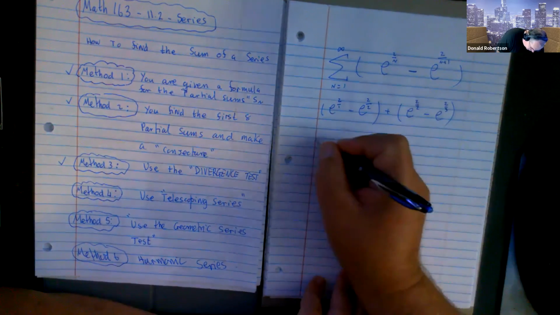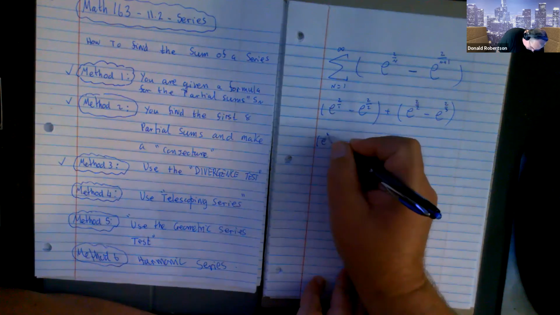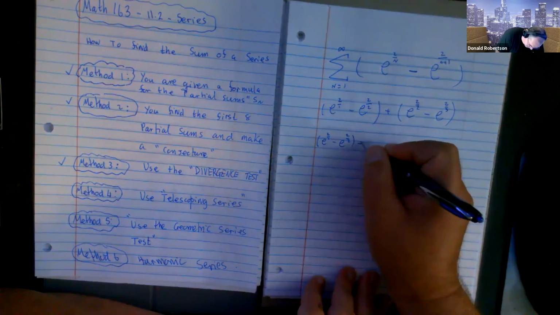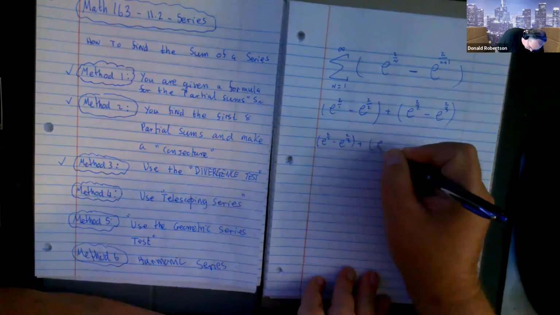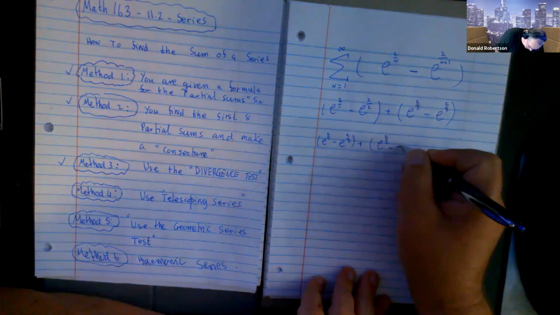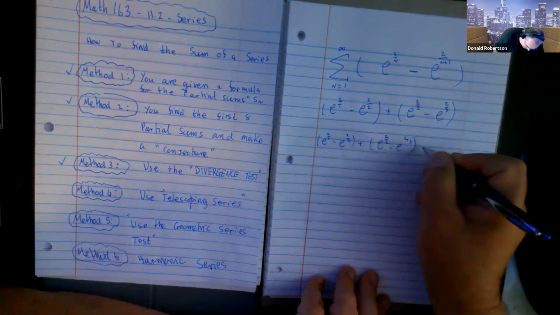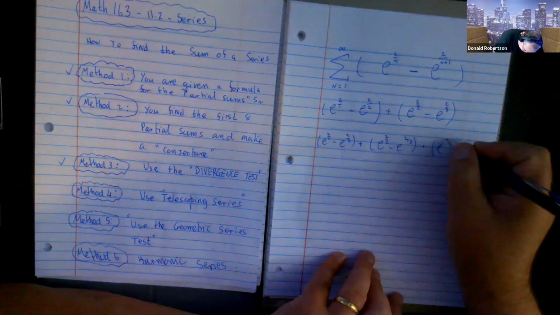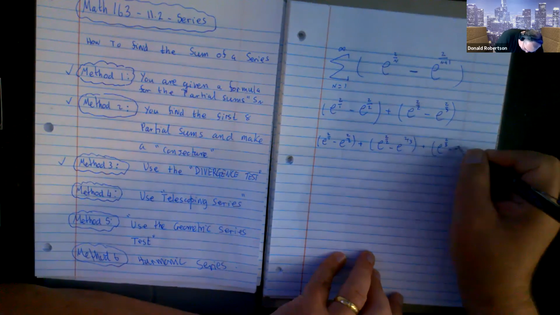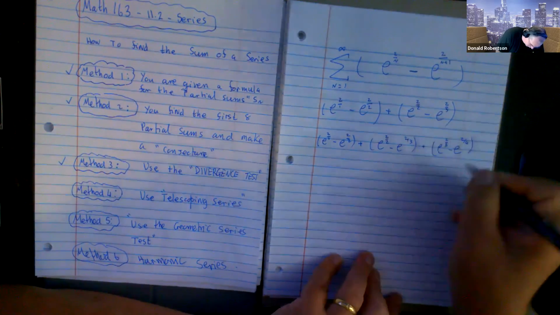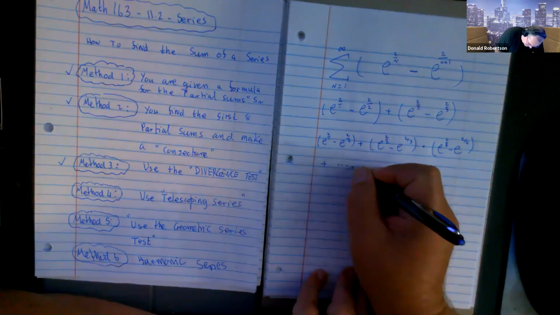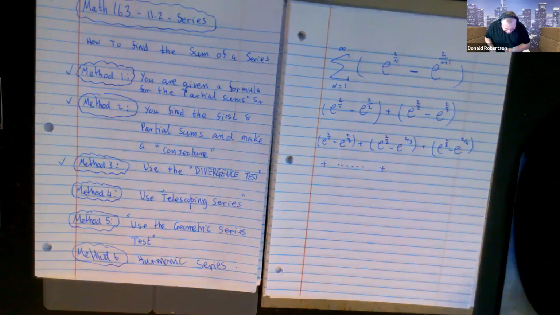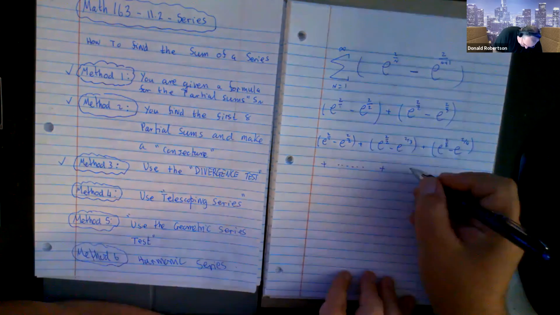I'm going to have to rewrite this smaller. That's what I meant to say. Right, there's n equals 1. Then you plug in n equals 2. You plug in n equals 3. And then you go plus, dot, dot, dot. And then you imagine that you kind of randomly stop at n.